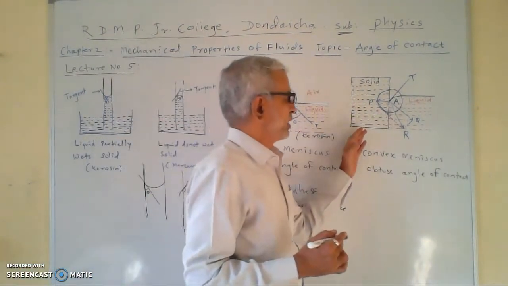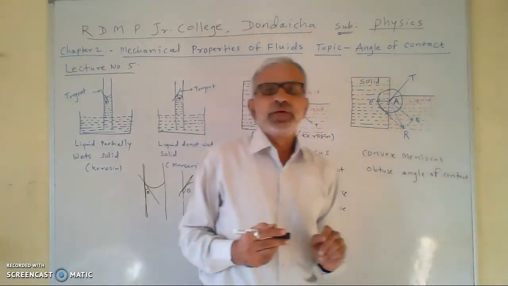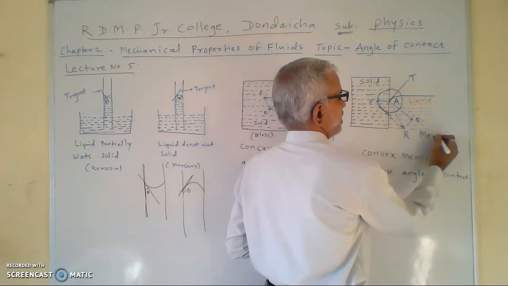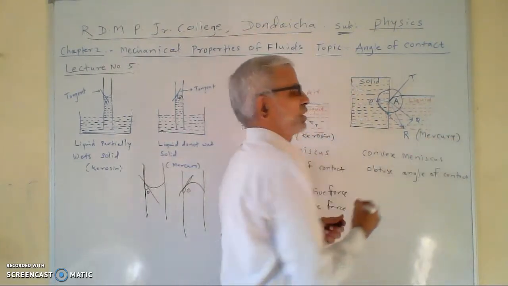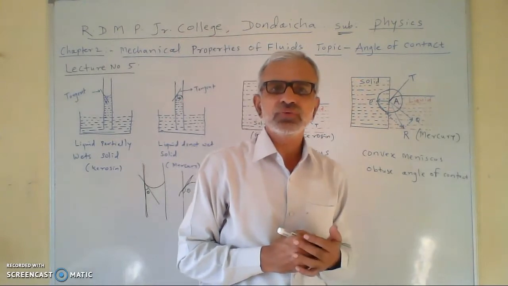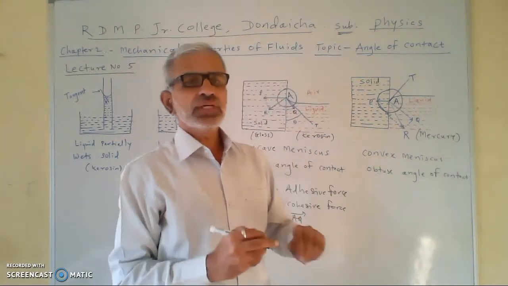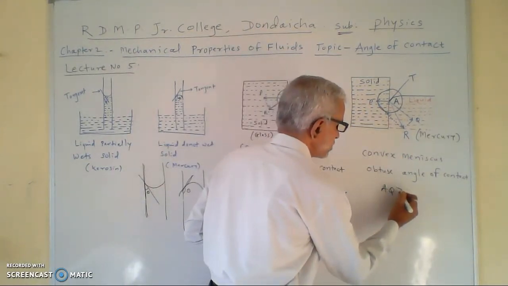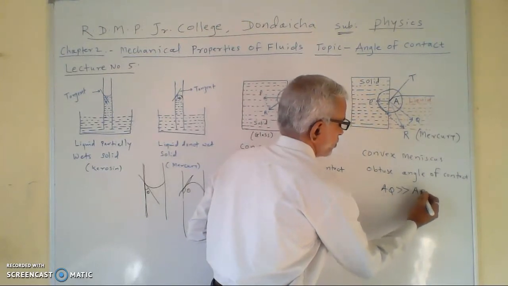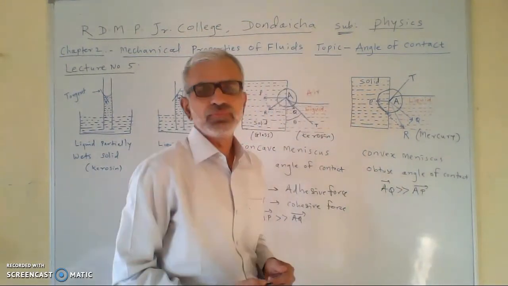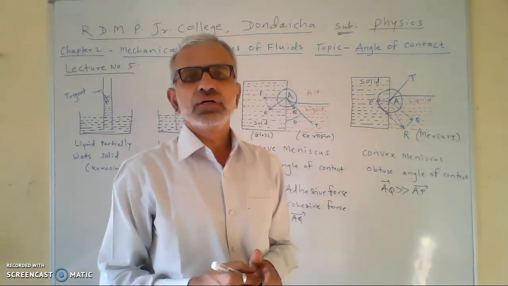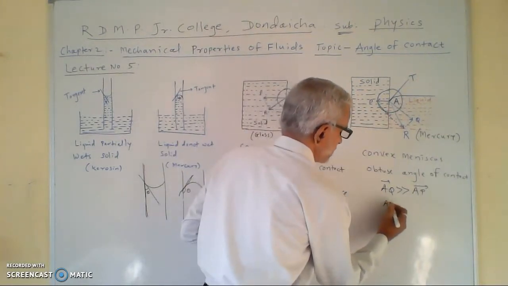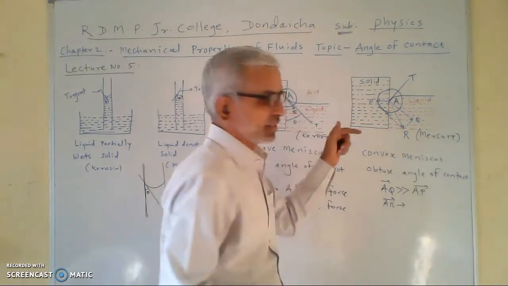Now let us explain the convex meniscus. If you take the liquid mercury, it will not wet the solid completely. In this case, the value of vector AQ is very large as compared to the value of vector AP. Because of that, the resultant vector AR lies inside the liquid.